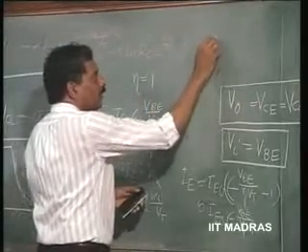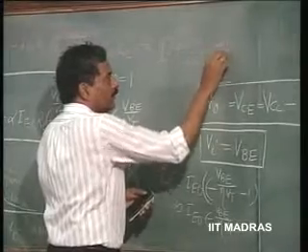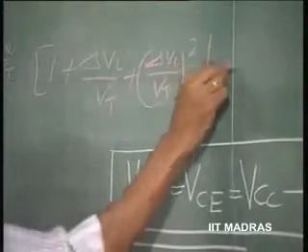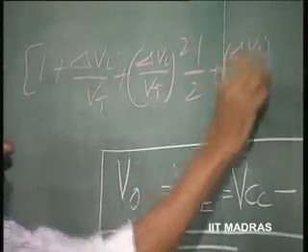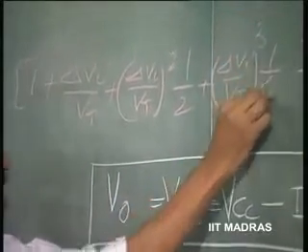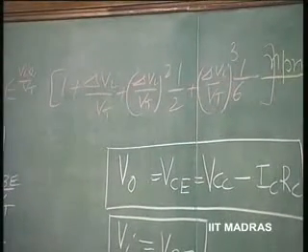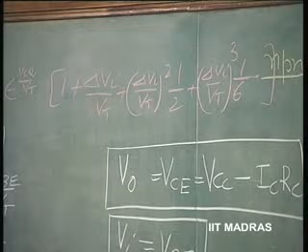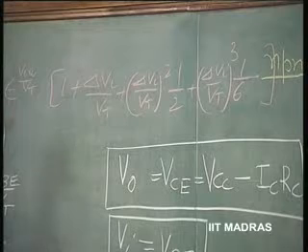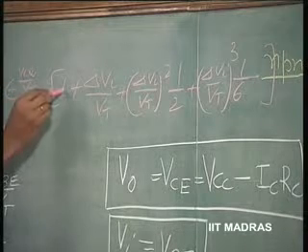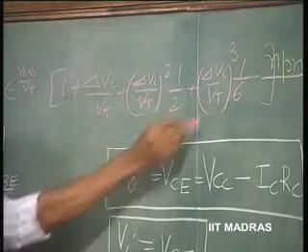1 plus delta Vi by Vt plus delta Vi by Vt whole squared by factorial 2, and so on, delta Vi by Vt whole cubed by factorial 3, which is 6. So this is the nature of variation of output. As I told you earlier in a general discussion about amplifiers, this is the DC offset, this is the linear term, and these are the nonlinearities.